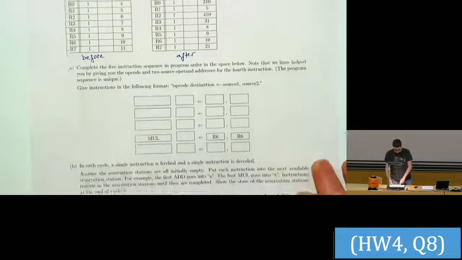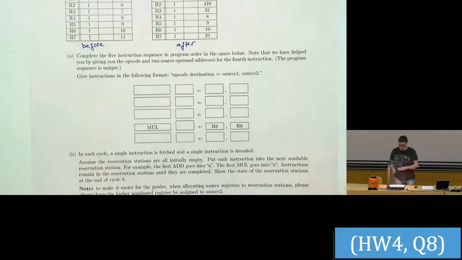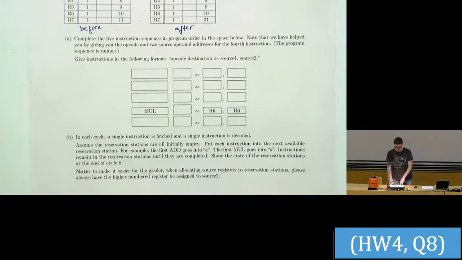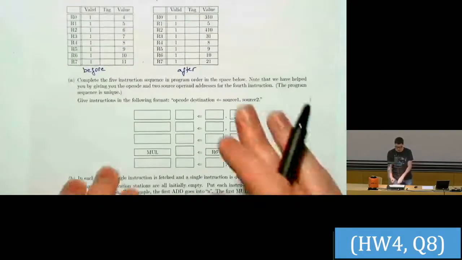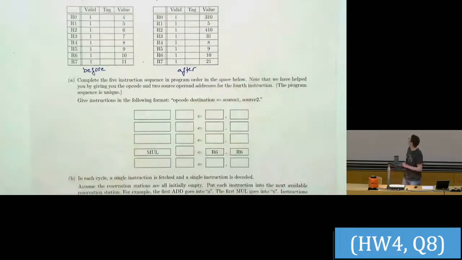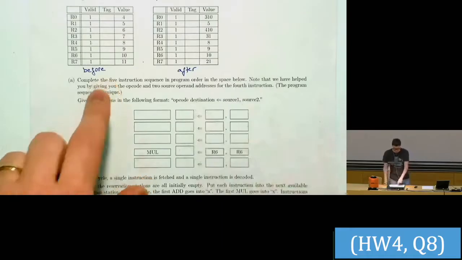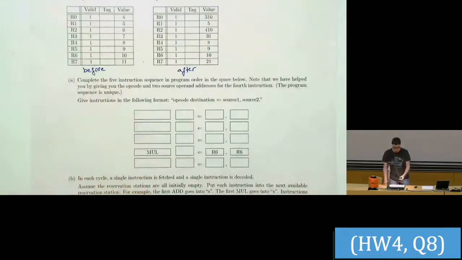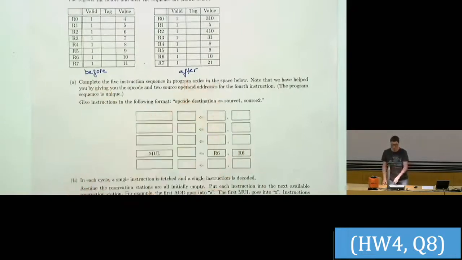One of them is figuring out an instruction sequence that's composed of 5 instructions based on the information given in this table. So this part is how the values in the register file look before the execution of 5 instructions. And this is what happens after executing those 5 instructions.